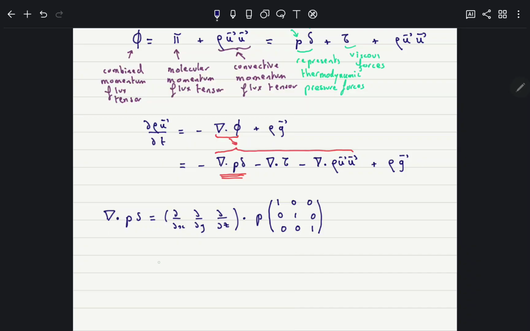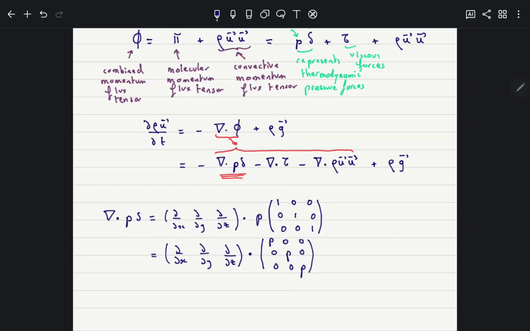Okay, so we can go further. We have again our derivative with respect to the spatial coordinates. That just represents a one-line matrix, so a vector field. And that's a dot product of it with p 0 0, 0 p 0, 0 0 p.